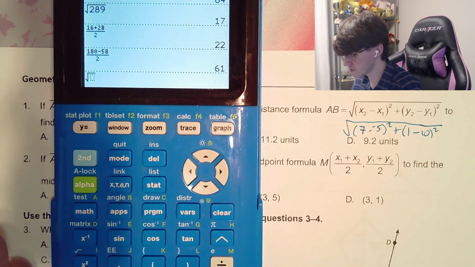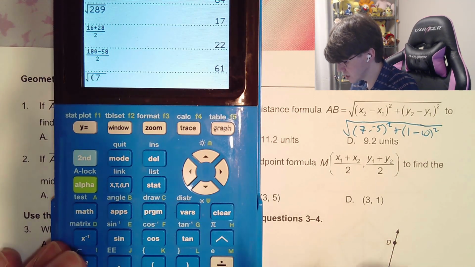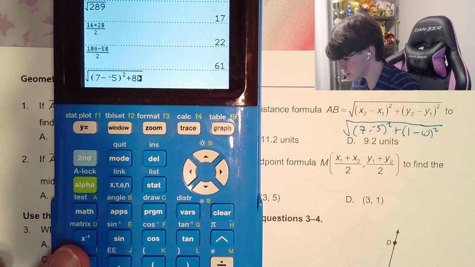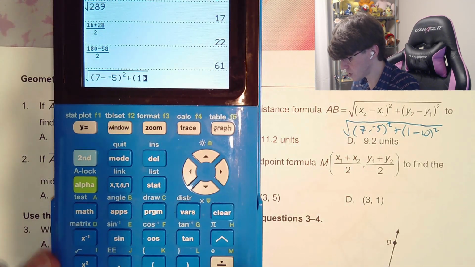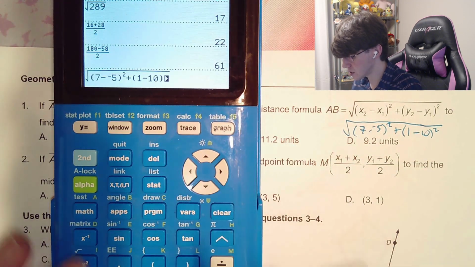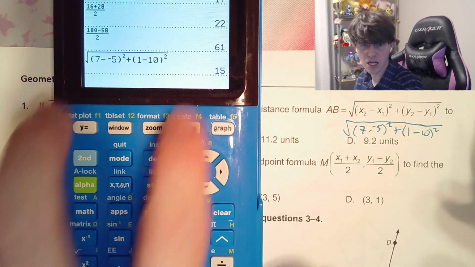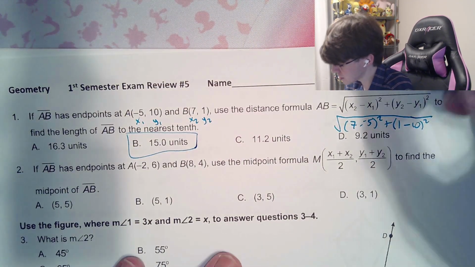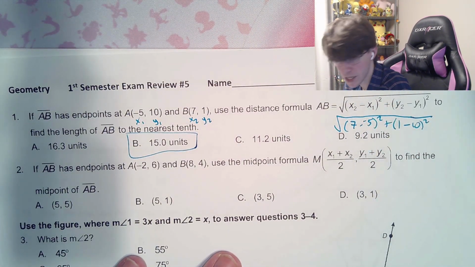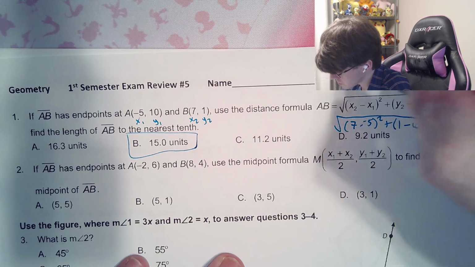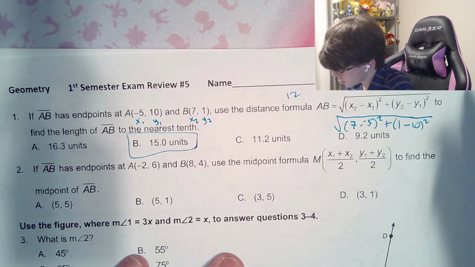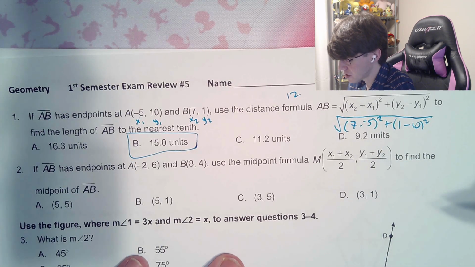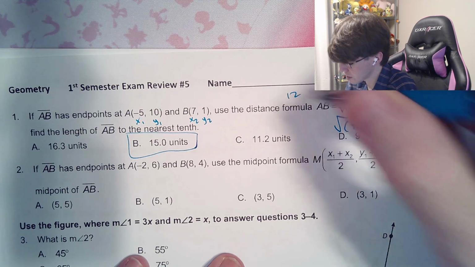I'll show you how you could have gotten to 15 in a second in another way. 7 minus -5 all squared plus 1 minus 10 all squared. So there's our 15, like I was saying. However, you could have done this in your head by realizing that this distance right there, 7 plus 5, is 12. Then 1 minus 10 is 9, but it's -9, and you're going to square it, so it's going to be positive anyways.